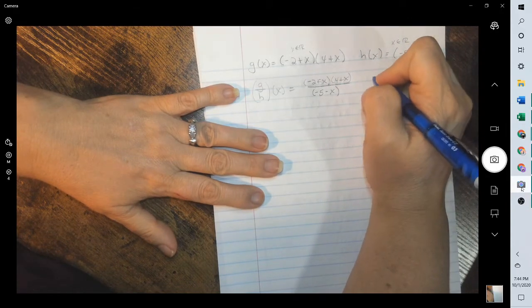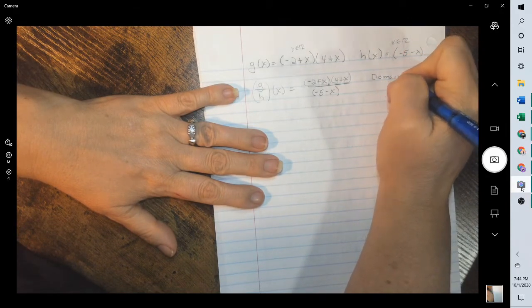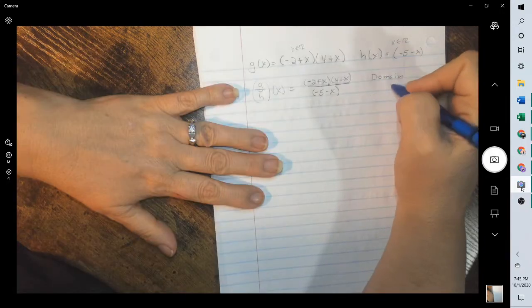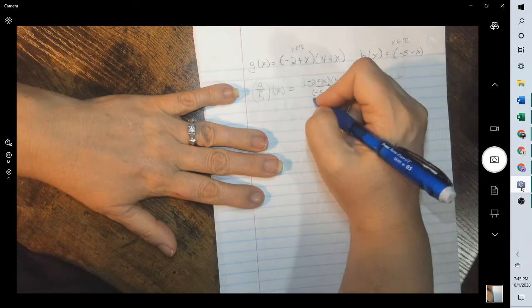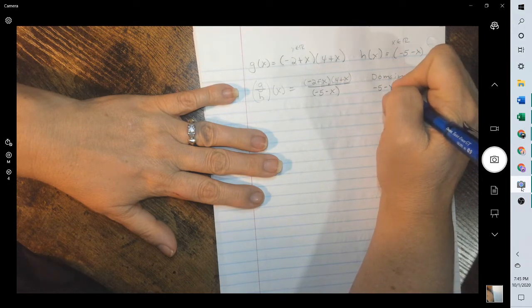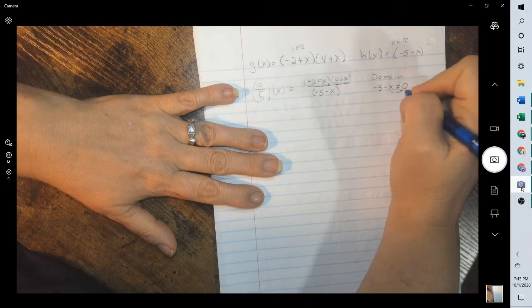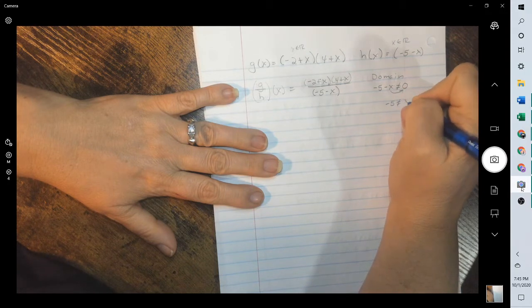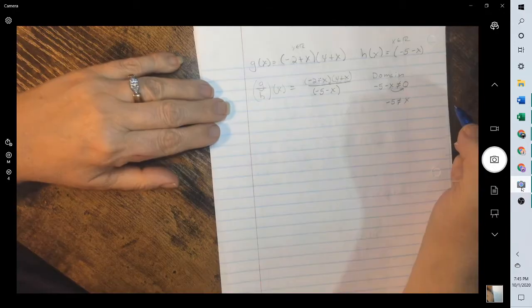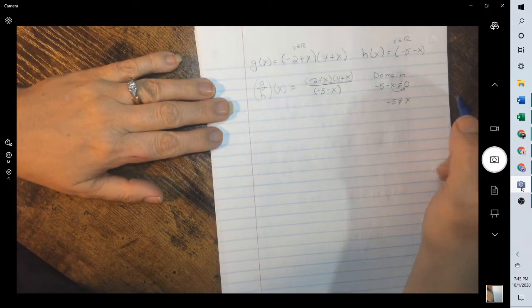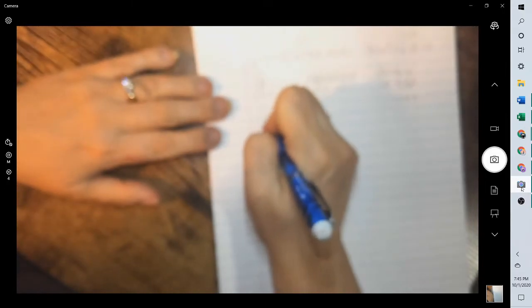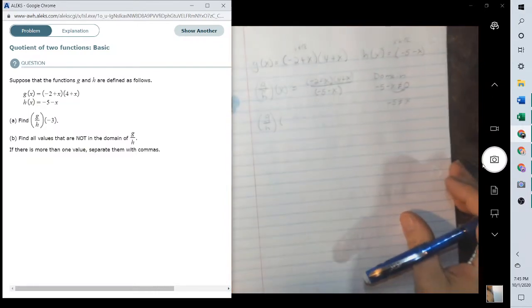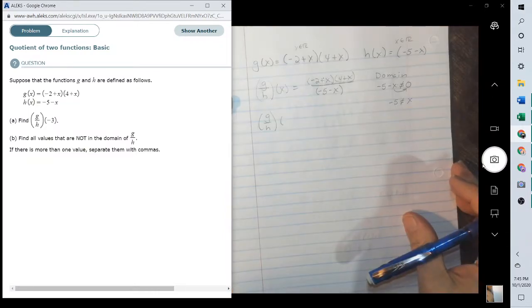Now for the domain, since nothing's omitted here, we only see what we omit from this one, which is the denominator cannot equal 0. Add the x to the other side. Negative 5 has to be omitted from the domain. And then they gave us negative 3.